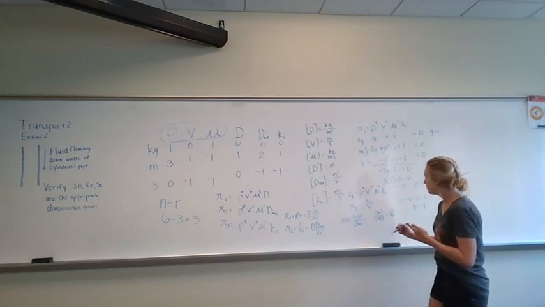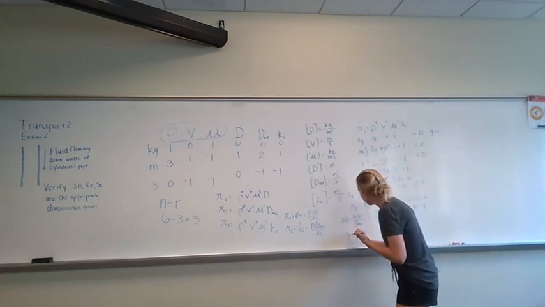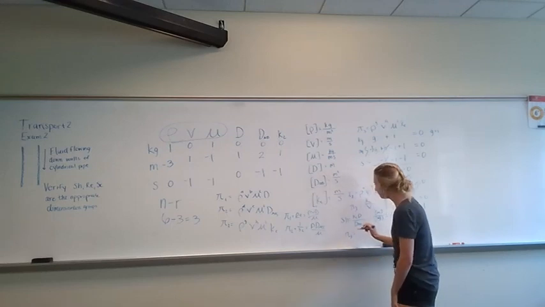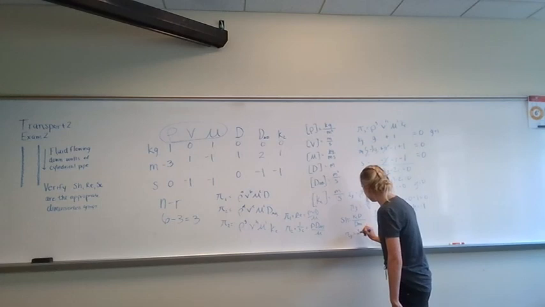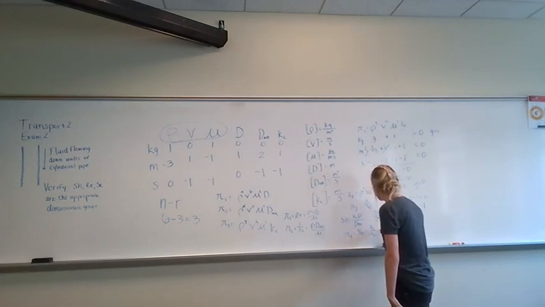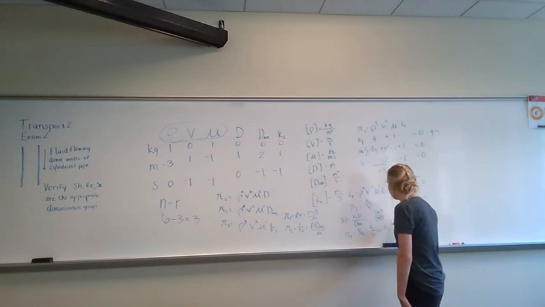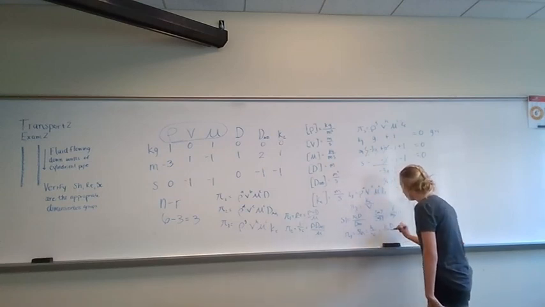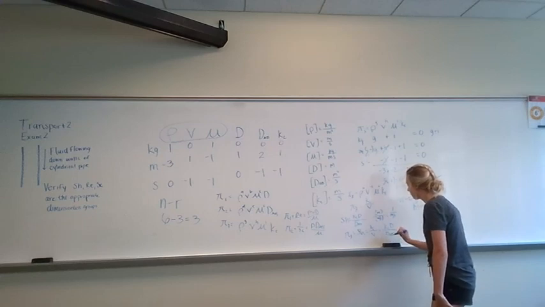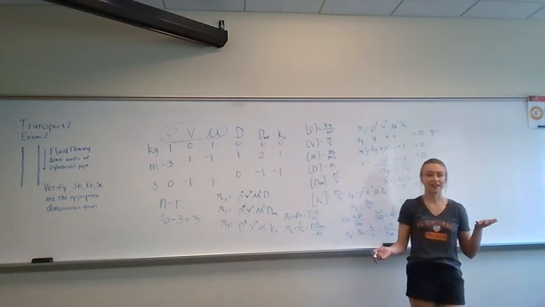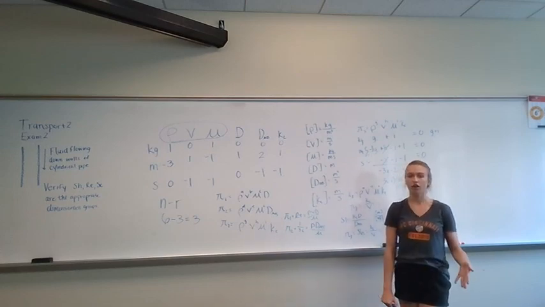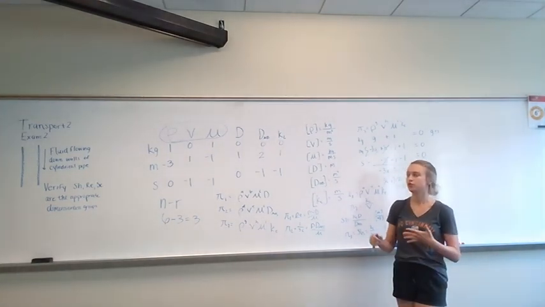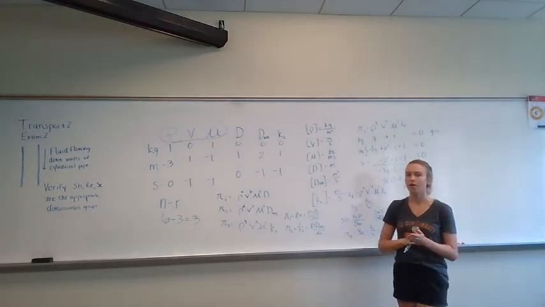So pi3 is equal to the Sherwood number, which is equal to Kc over velocity, which is equal to the mass transfer coefficient times the diameter all over the diffusion coefficient. And that's all. We've determined that the Sherwood, Reynolds, and Schmidt numbers are the appropriate dimensionless groups used to describe this scenario, and we can move on from there.